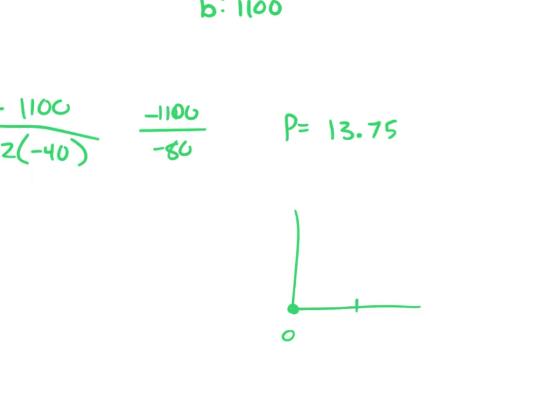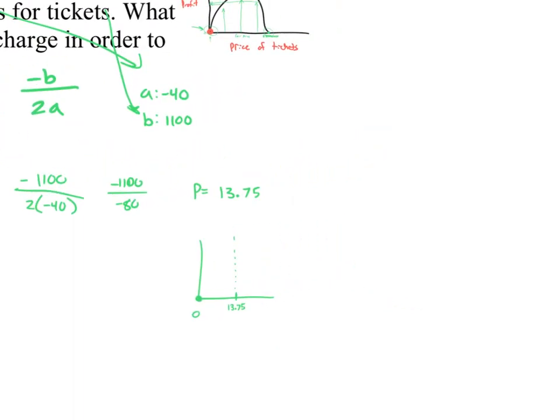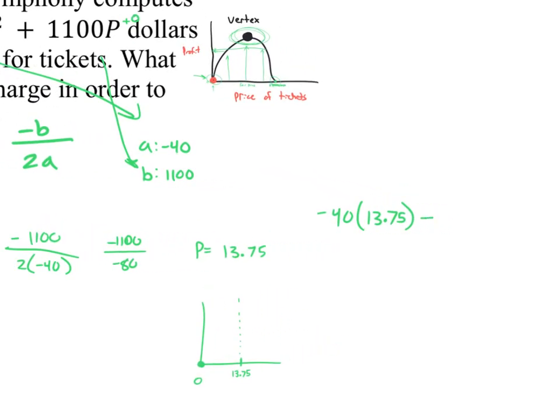The point that our axis of symmetry would be on would be at 13.75. Now, to calculate how high to make this curve, we could simply plug in 13.75 back into the original function, which would be negative 40 times our maximum amount that we should charge. So when we do that and we calculate it, and this should be squared, we get this.